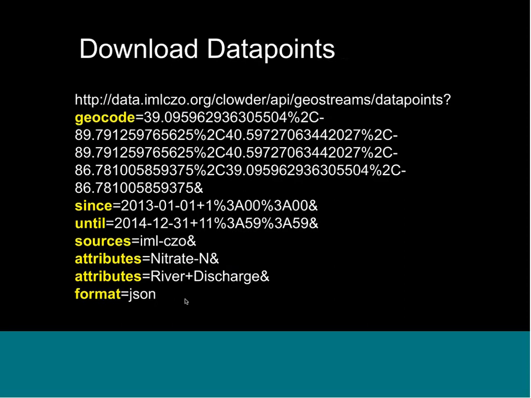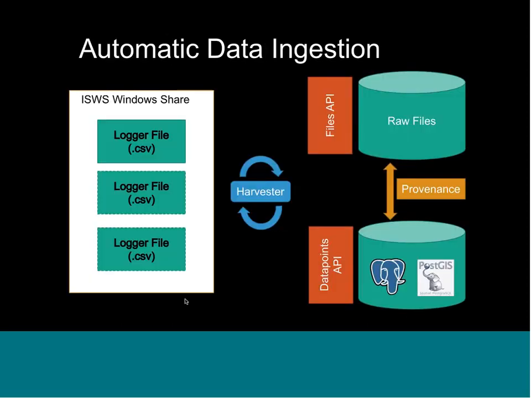This is a simple example of a query to get data points by geocoding. This is a polygon between a certain start time and end time, specifying what the source is and the attributes. All of these are things that show up in the GUI. You can do it through the API, and we support two formats for this particular endpoint. One is JSON, and the other one is CSV, because researchers have an easier time with CSV, obviously.